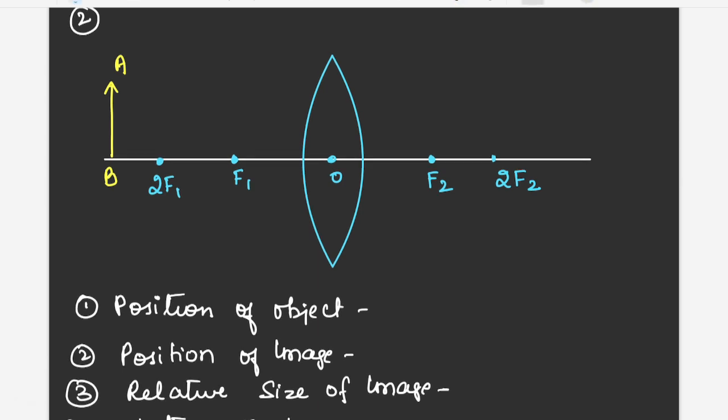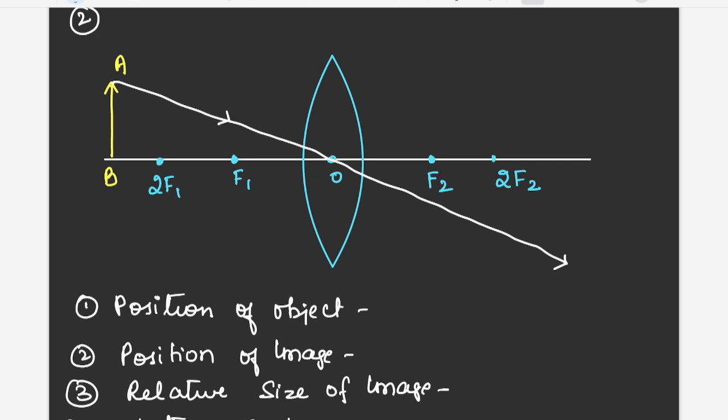Draw a line which is passing through the optical center. Let me draw the line passing through the optical center like this. Once again I'll draw, it is passing like this. Use the scale to draw the ray diagram.